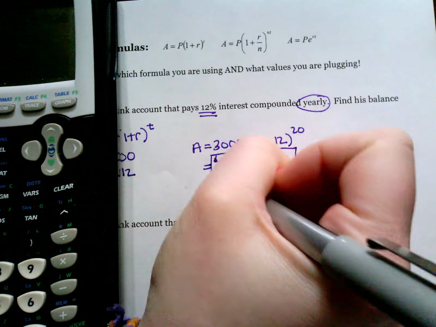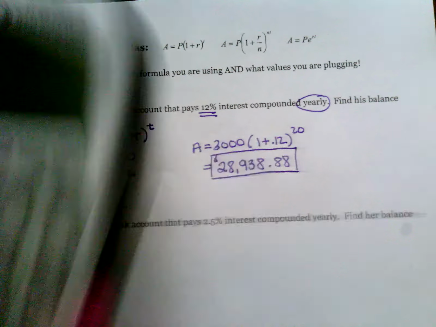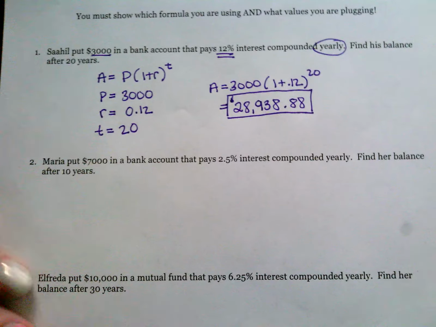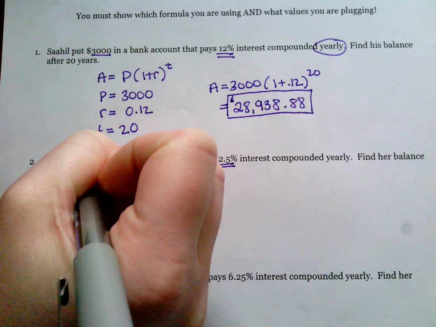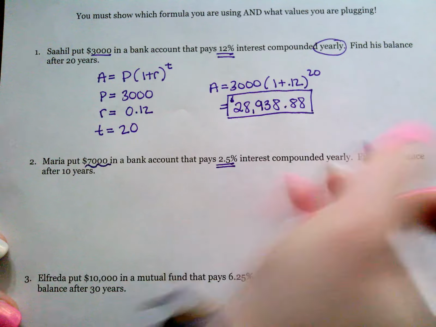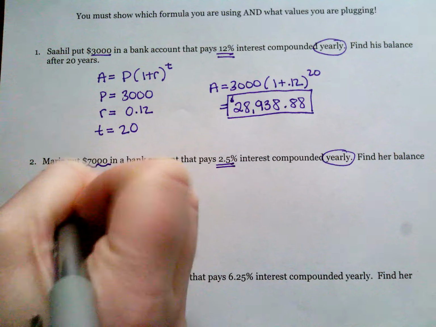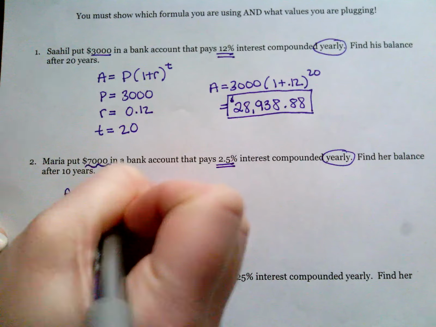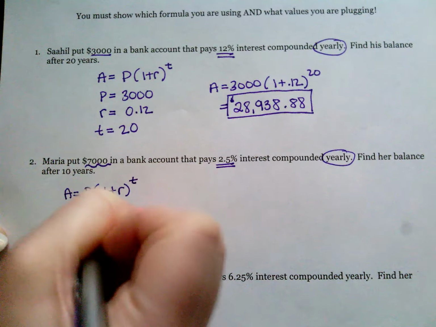Maria put $7,000 in a bank that's going to pay 2.5% interest, compounded yearly again. Find her balance after 10 years. So again, A equals P times 1 plus r to the power of t. The principal amount is 7,000. The rate is 0.025. And t is 10.